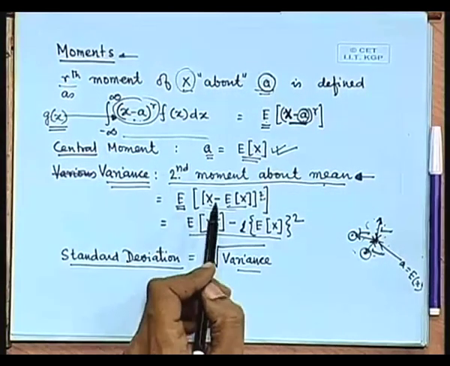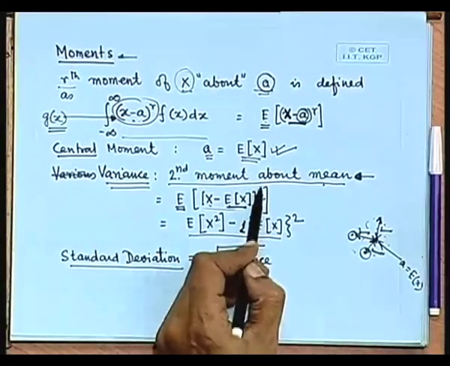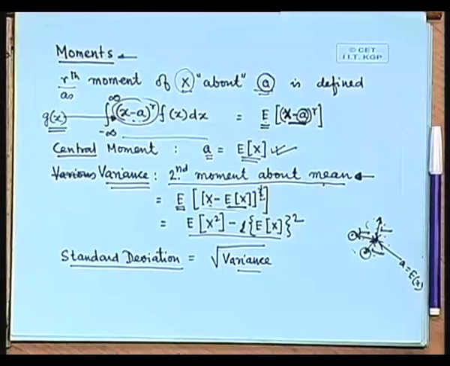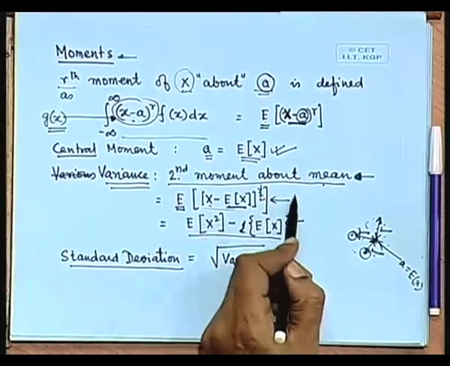So, we compute x minus expectation of x, with r equal to 2. This is called the variance.